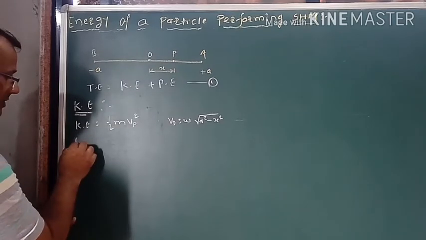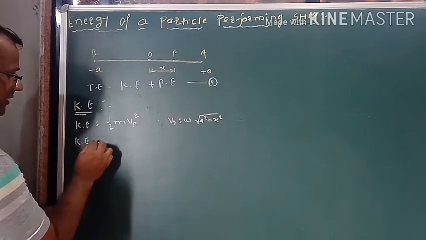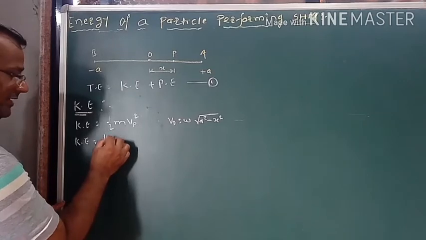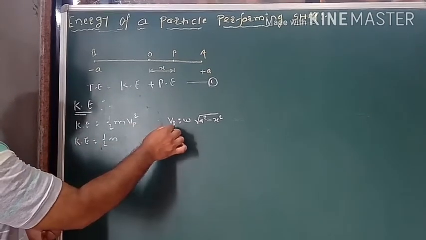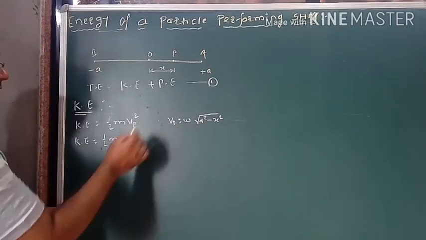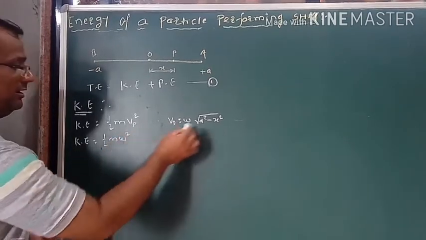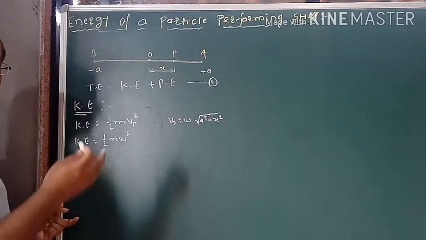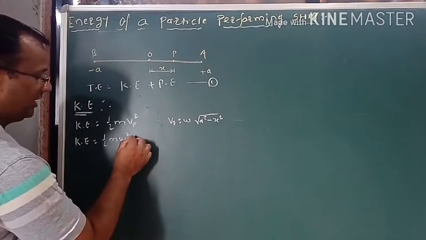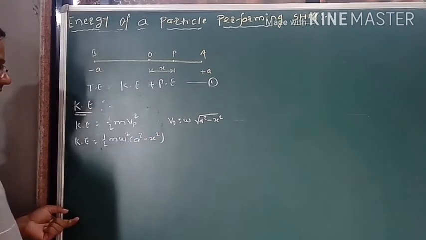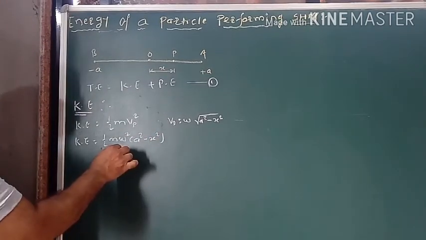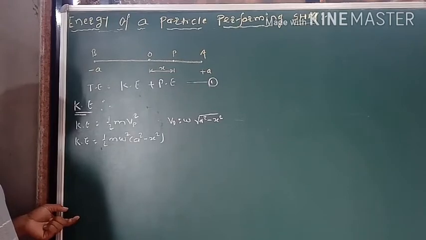See here. Kinetic energy is equal to half, m as it is, and now we take the square of this Vp. So we get omega square, and the square and the under root get cancelled, so simply inside the bracket a square minus x square. Right? So this is the formula of kinetic energy.